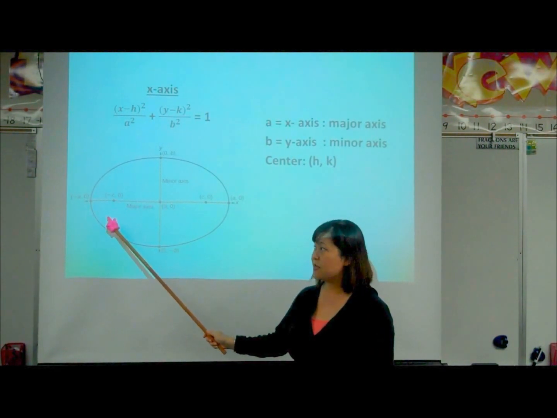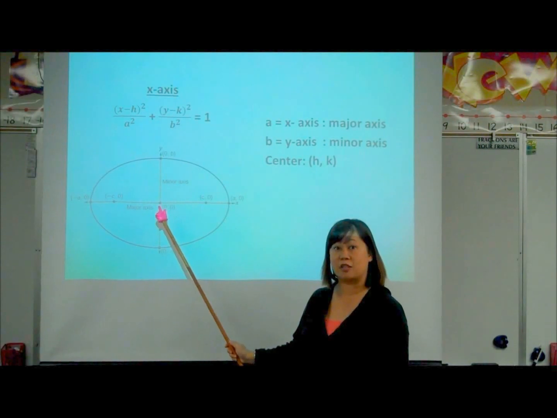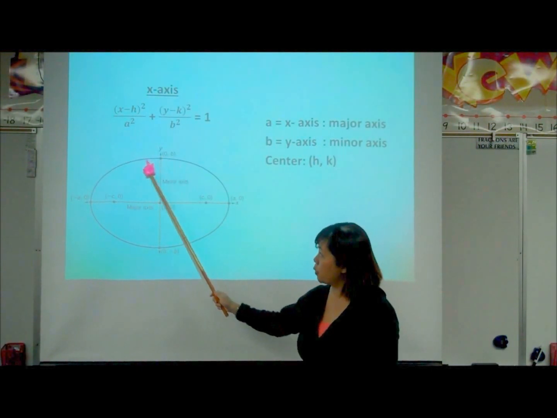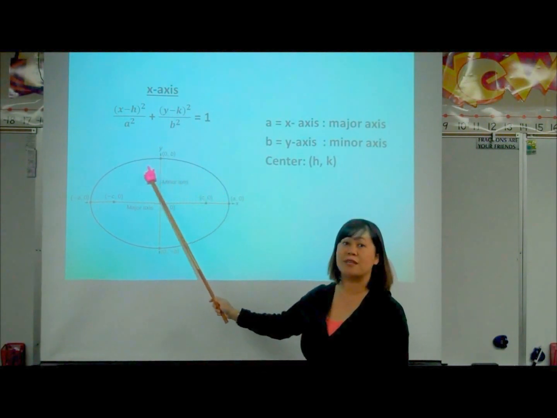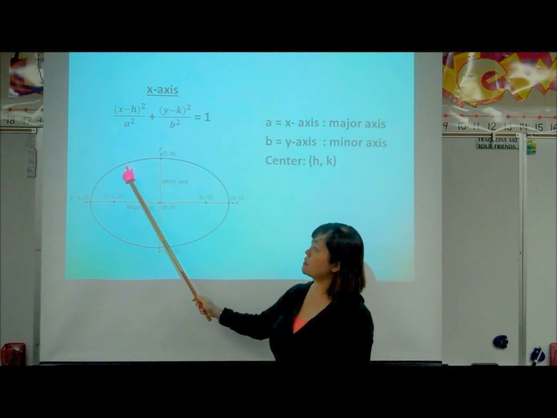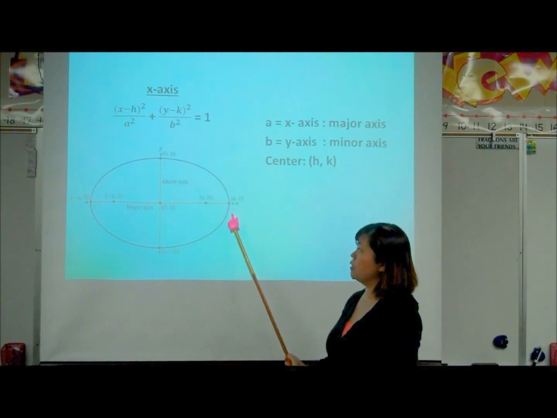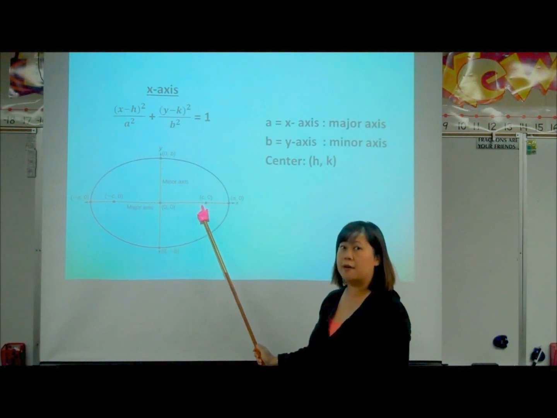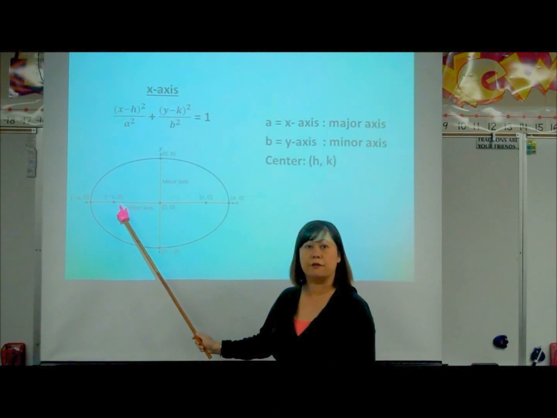Now, for the ellipse, it's not the same as a circle, because in a circle, I could put my compass down here in the center, and if I rotate it all the way around, it should be exactly the same for a circle. But in an ellipse, you notice that this side is longer than this side, so by definition, you need these new things called foci. Foci is just basically the plural of focus.